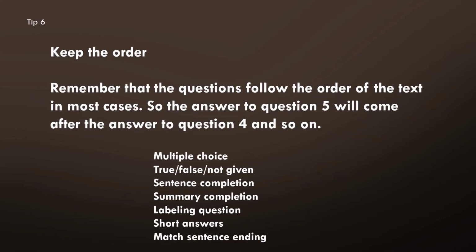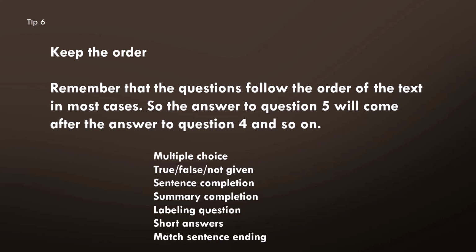Keep the order. Remember that the questions follow the order of the text in most cases. So the answer to question 5 will come after the answer to question 4, and so on. As I mentioned earlier, these are the questions which will be in sequence: multiple choice, true false, completion, labeling questions, short answers, and matching sentence endings.